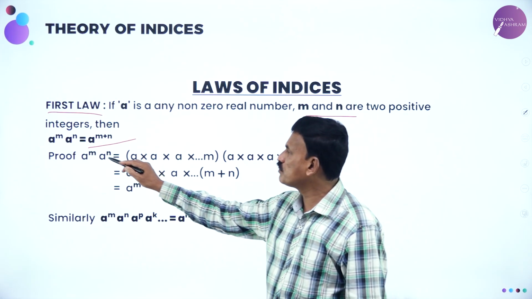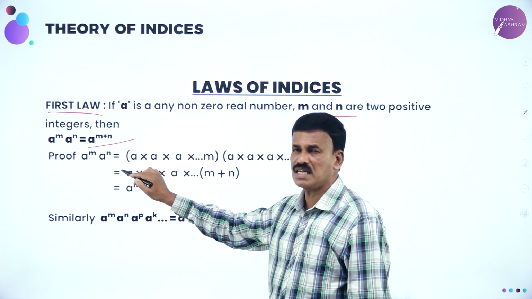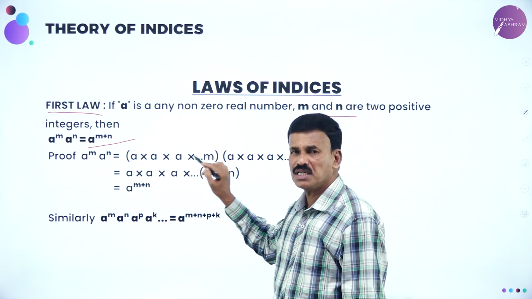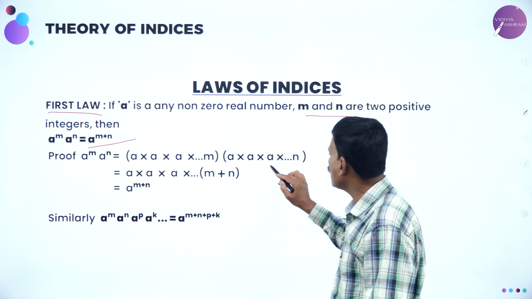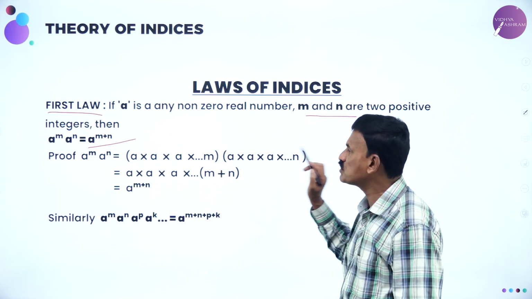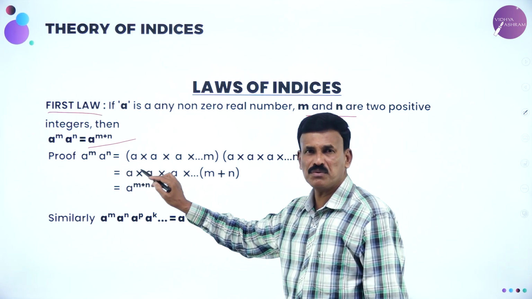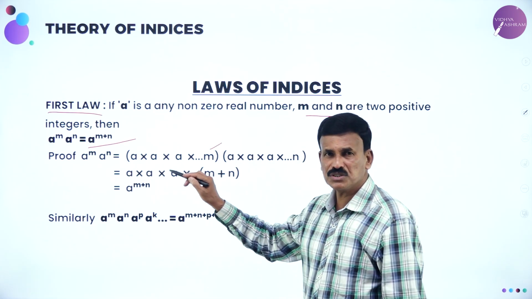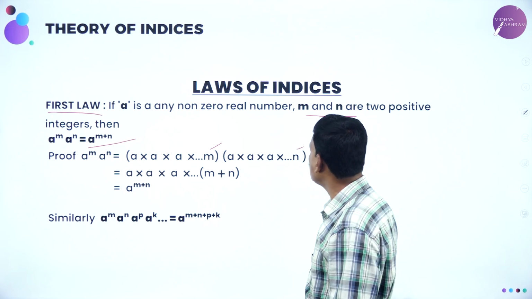Now let us consider the proof. A raised to m into a raised to n, LHS. A raised to m means a into a, m times. A to the power of n is also a into a, n times. So a to the power of m can be written as a into a, m times, and a to the power of n is nothing but a into a, n times.